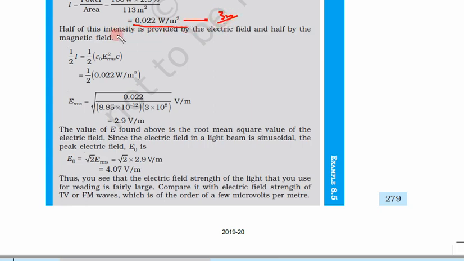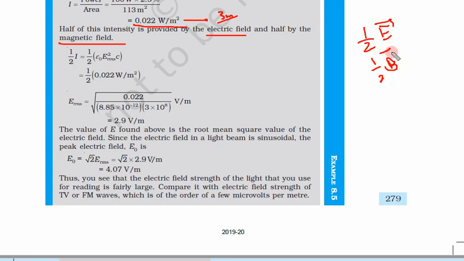Now we know that for electric and magnetic fields, half of the intensity is in the electric field and half is in the magnetic field. So we are assuming both are equally distributed. Half is electric field or electrical energy and half is magnetic field.